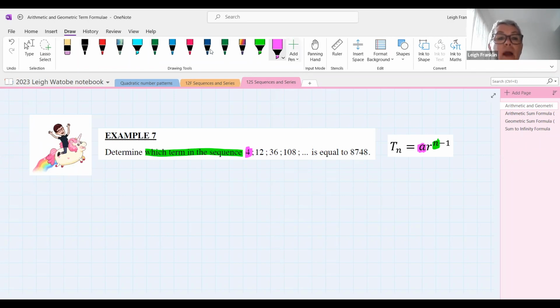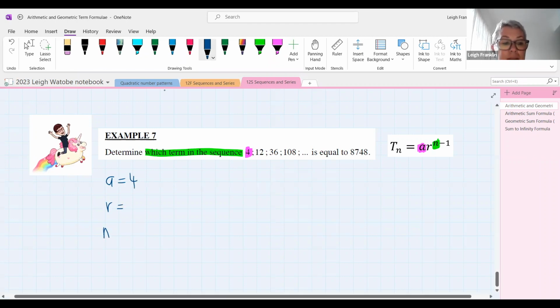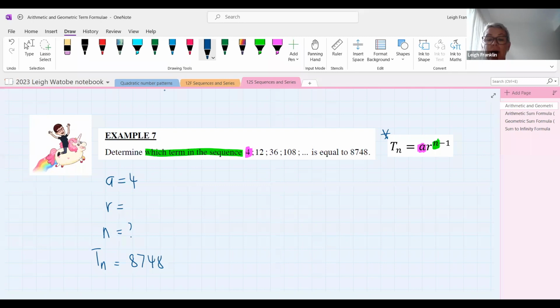You need to work out what R is. N is what they're asking you to calculate, and they're telling you that Tn equals 8748. So now I want you to substitute into your formula and work out what N is.